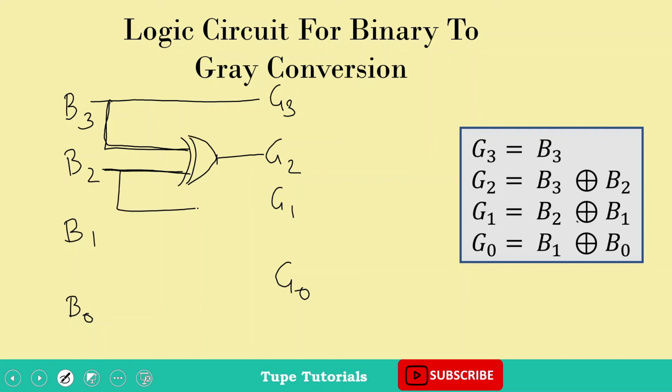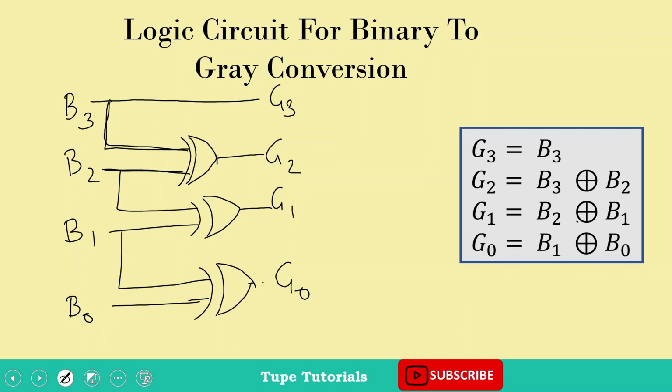So B2, B1, XOR it, G1. For G0, B1, B0, XOR, G0. See how easy it was to create the logic circuit. Just remember the XOR symbol and just give inputs, and accordingly you will get the output.